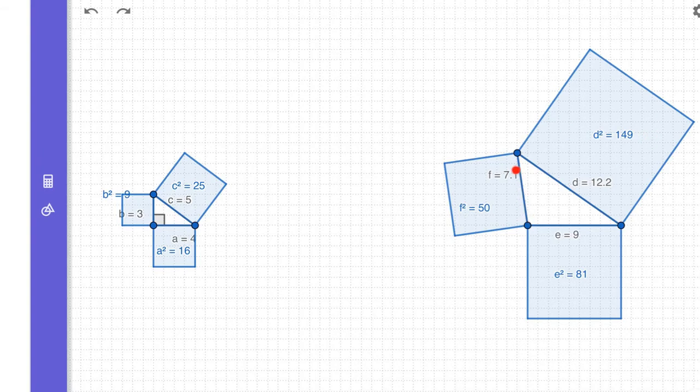So the square of 7.1 is 50, and the square of 9 is 81. 50 plus 81 does not give us 149, which is the square of this longer side here. So Pythagorean theorem doesn't work for this triangle because it doesn't have a right angle. It's not a right triangle. Pythagorean theorem only works for any right angle triangle.